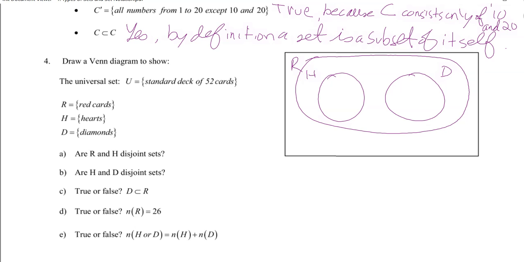And then I can have another circle, oval, for the black cards. Are there any red cards which are also black? Obviously no, right? A card is either red or black, not both.